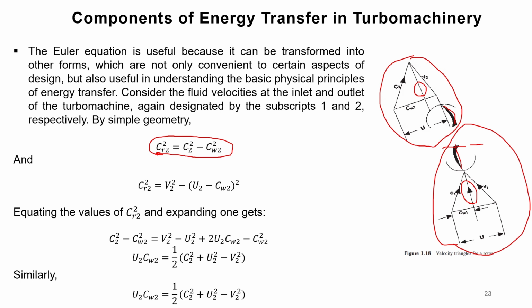is equal to the absolute flow velocity squared minus the tangential component. So basically you can say that this is the summation of C1, or if you were to look here, C2 term squared minus this guy. This will give you C sub R2. Okay, C sub R2, make it clear for yourself.